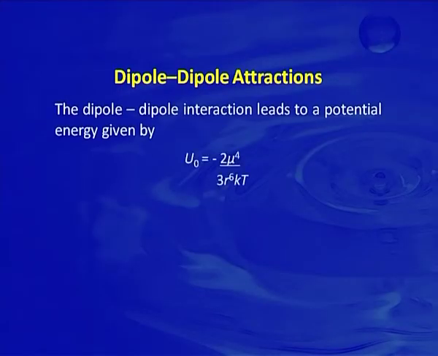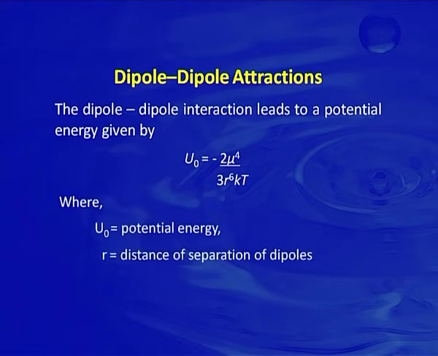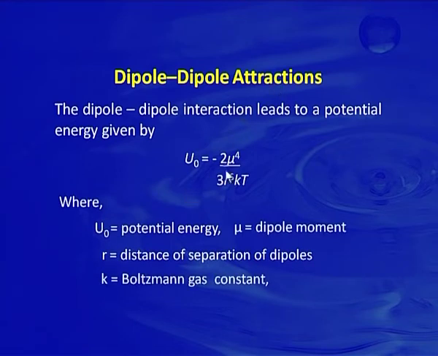Substances with no dipole moment have lower melting or boiling points than polar substances. The dipole-dipole interaction leads to a potential energy given by U equals minus 2 mu^4 by 3 r^6 kT, where U is the potential energy, r is the distance of separation of the dipoles, mu is the dipole moment, and k is the Boltzmann constant.